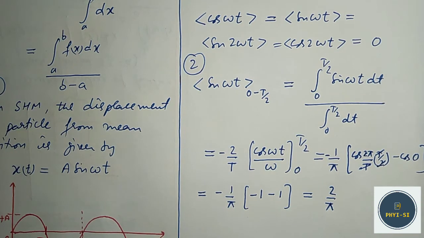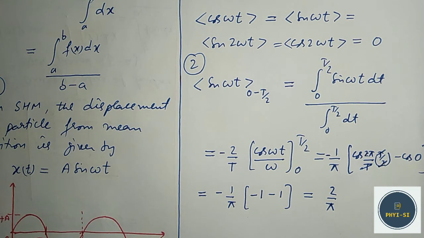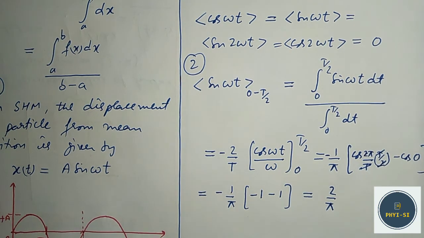So the average value of sine in one time period is 0. For cosine it is also 0, but in half time period, T by 2, the answer is different. The answer is 2 by pi, and similarly for cos omega t.